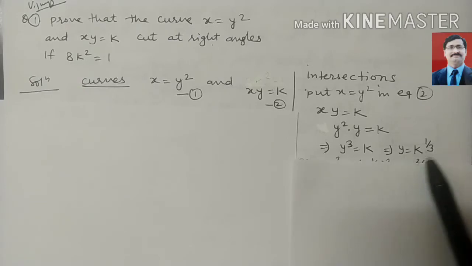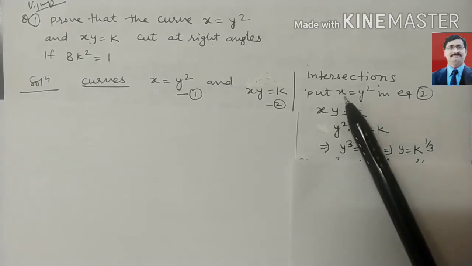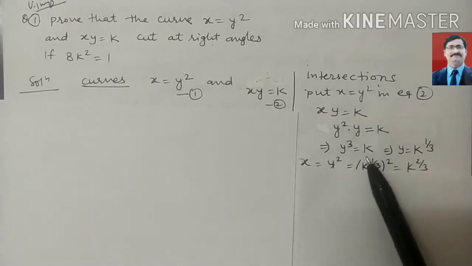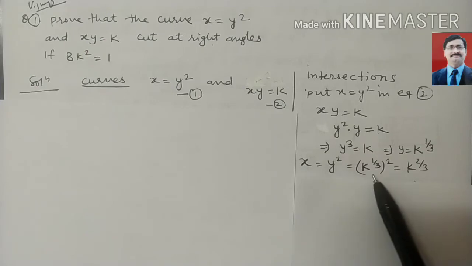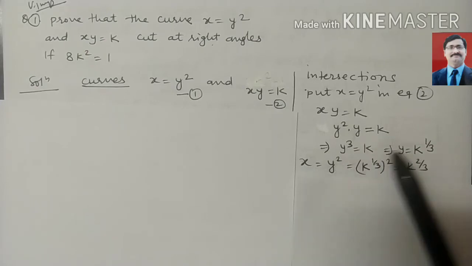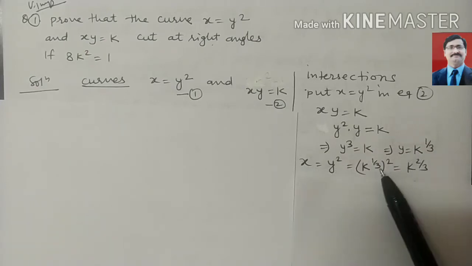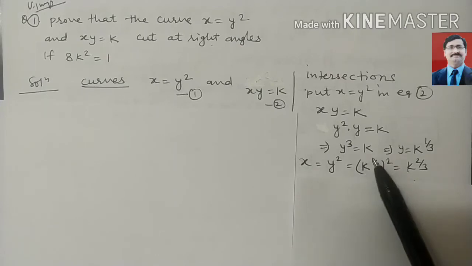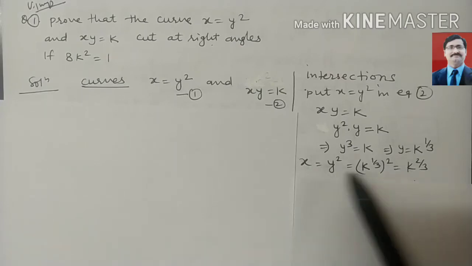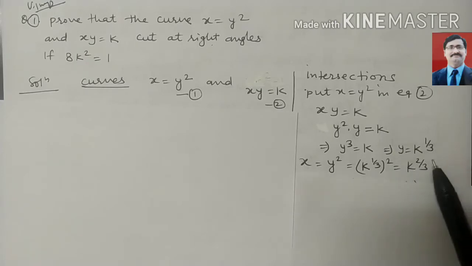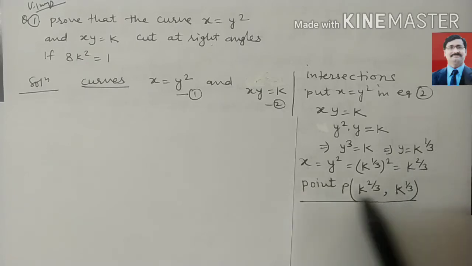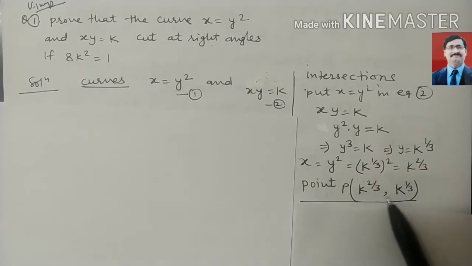We put this in equation 1: x equal to y square, so we get k power 2 upon 3. So the value of x is k power 2 upon 3 and the value of y is k power 1 upon 3. This point is k power 2 upon 3, k power 1 upon 3.